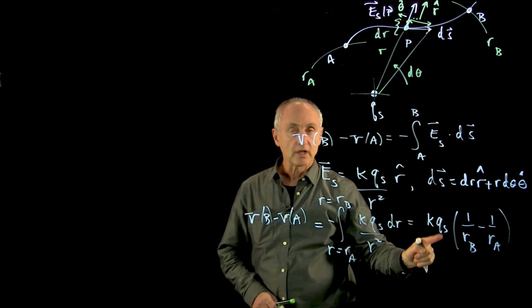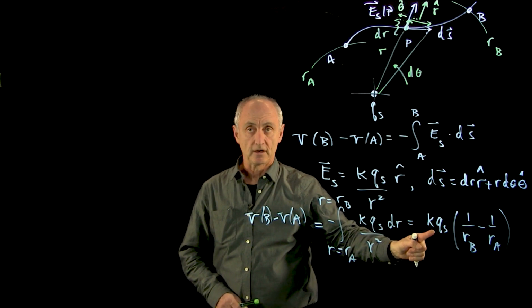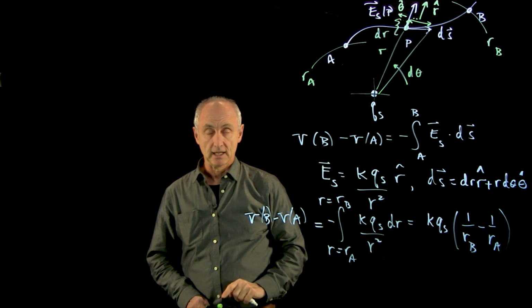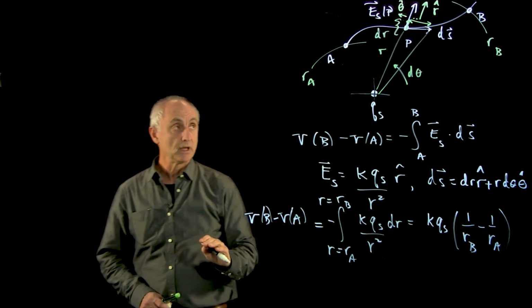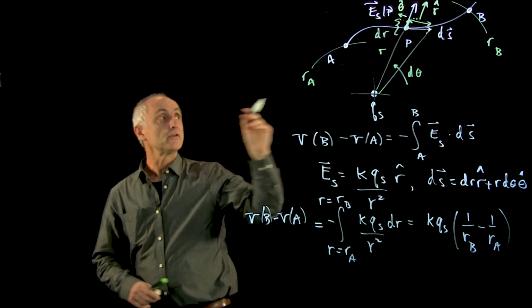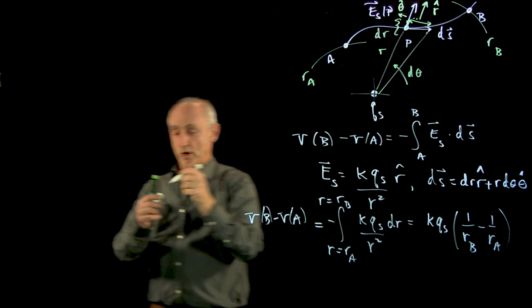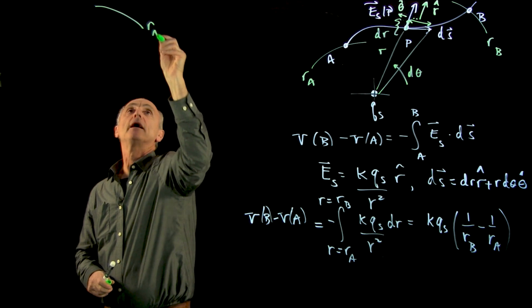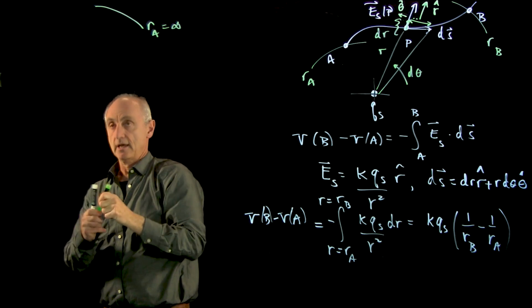But this result is the starting point for what we'd like to do to define a potential function. Now, let's imagine that instead of going to 2 arbitrary points, we started at RA equals infinity.